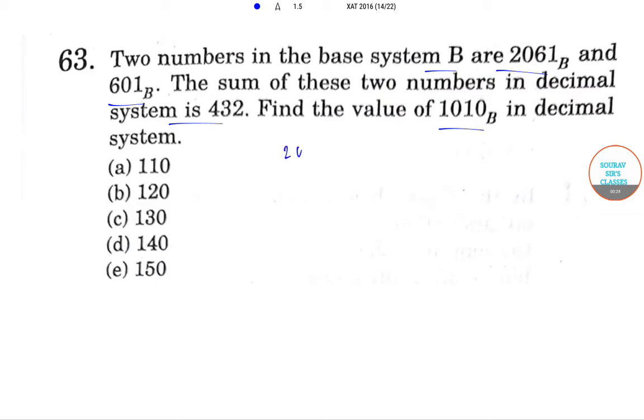Now we have 2061 base B plus 601 base B equal to 432.